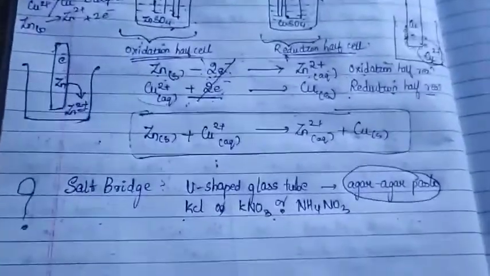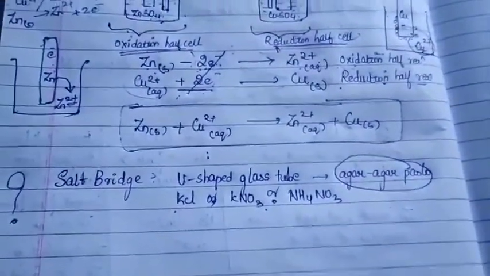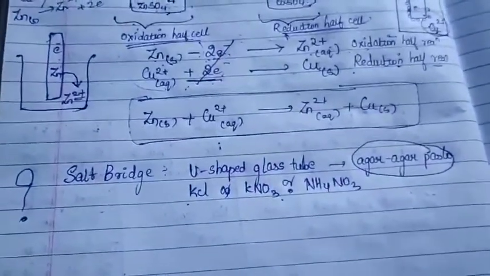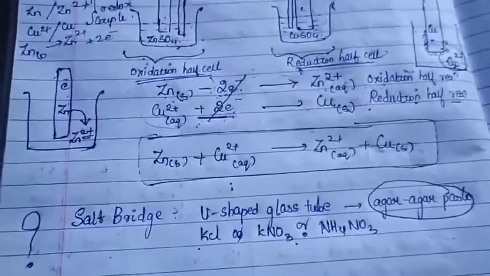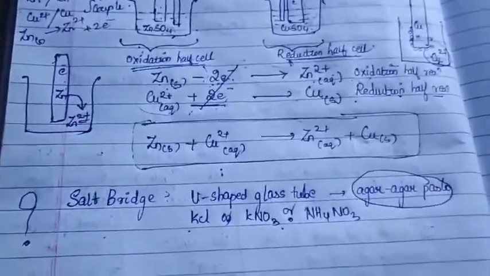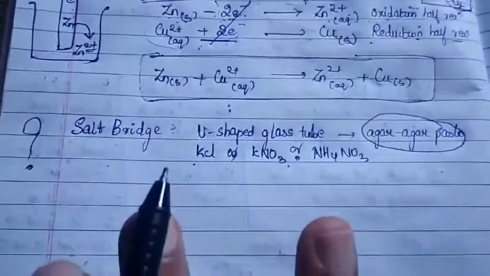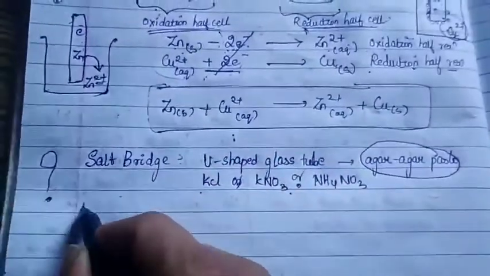That is very much important. So before the explanation, first of all, I would like to say what is the role of your salt bridge. Then it would be easy for me to understand. First and foremost, the importance of the salt bridge is, remember guys, I'm giving you the point.